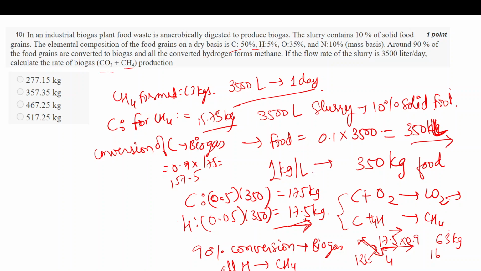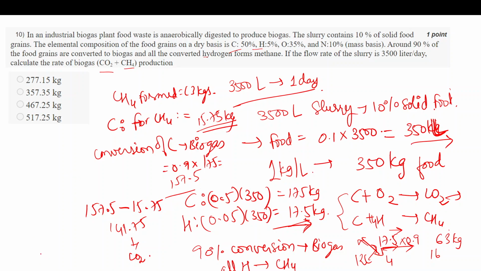Out of this, 15.75 is used for methane production, so the remaining, 157.5 minus 15.75, will be used for carbon dioxide production.